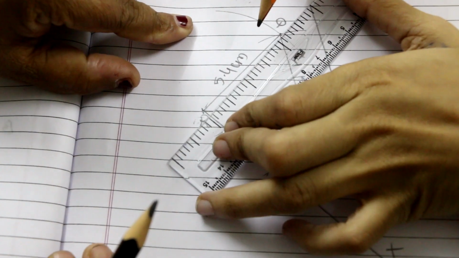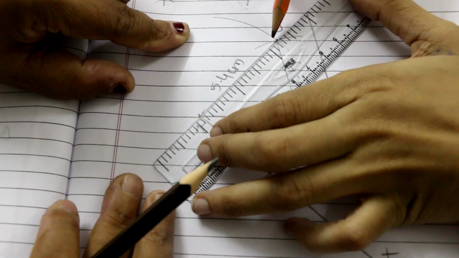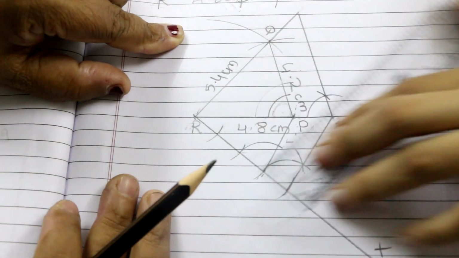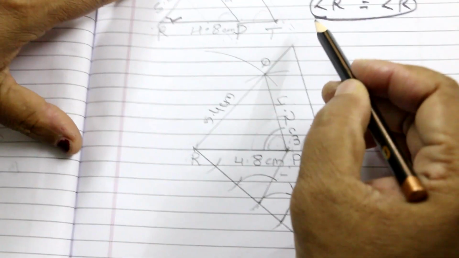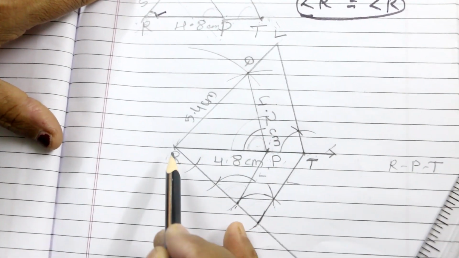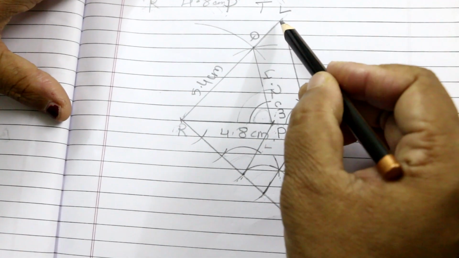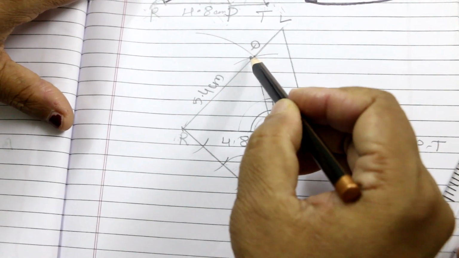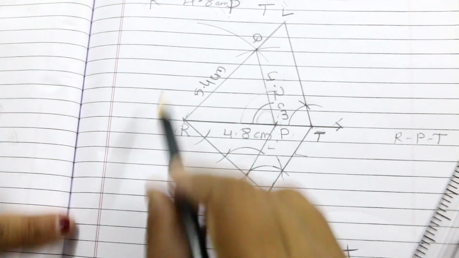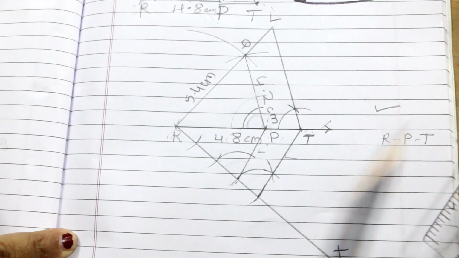Extend RQ. Yes, this is LR. So now we have constructed LT parallel to PQ, and this is our required triangle.